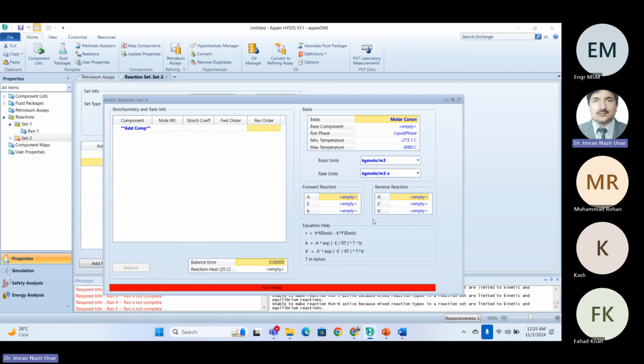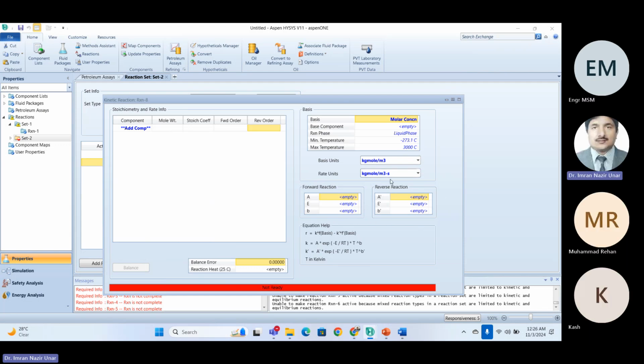If you do not have any reversible reaction, you do not define the reverse reaction rate, it means reverse reaction rate is zero. And on the basis of these rate exponents or rate parameters, rate of reaction is calculated on the basis of this thing, that forward reaction minus backward reaction.